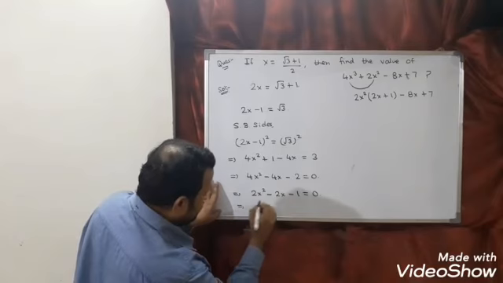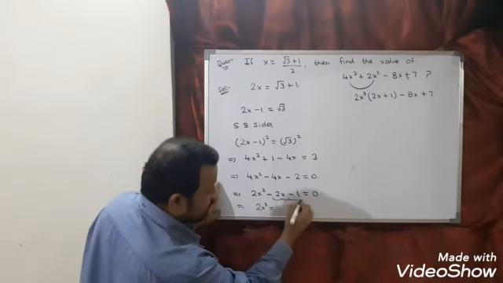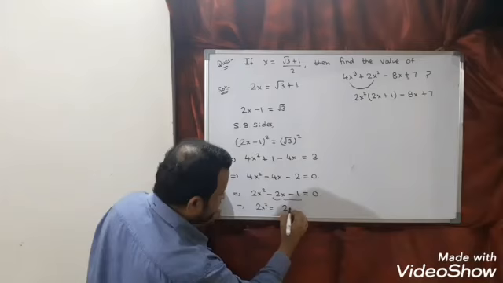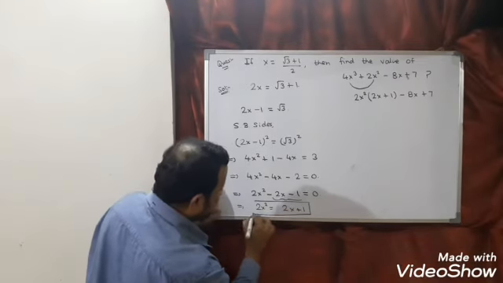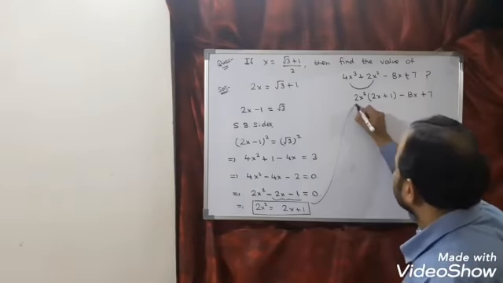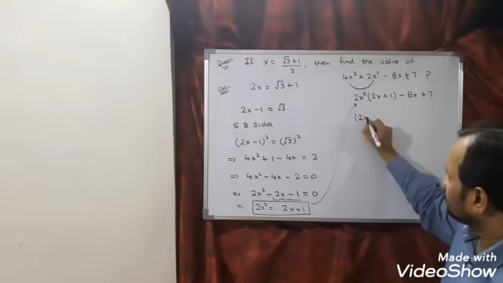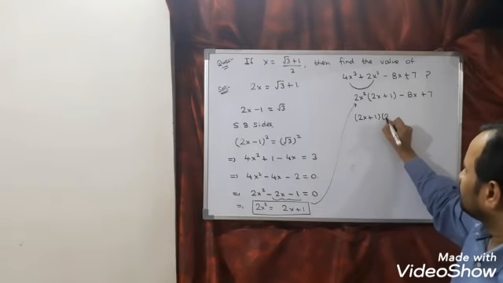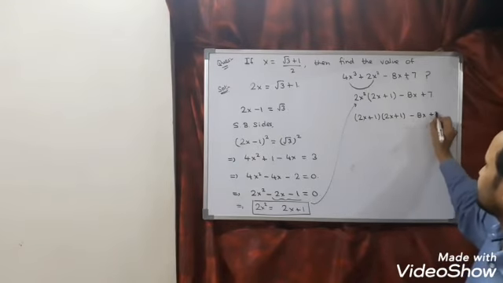From this, 2x square is equal to, this term will go to the other side, 2x plus 1. So we got the 2x square value. Keep this value here. What you will get? 2x plus 1 into 2x plus 1 minus 8x plus 7.